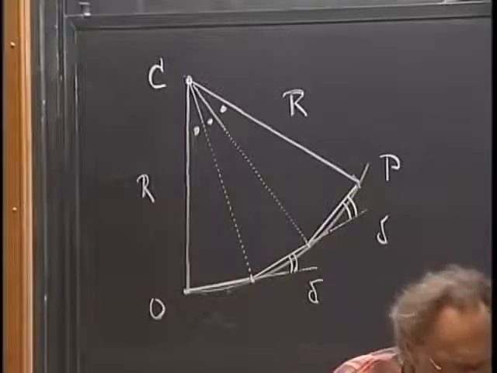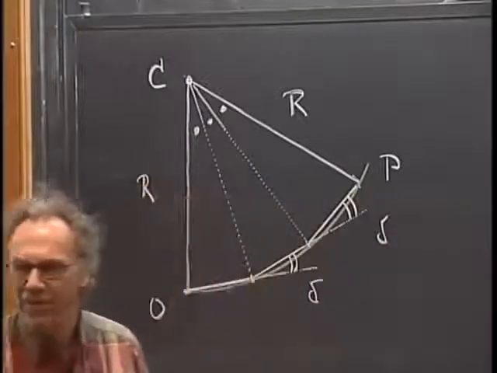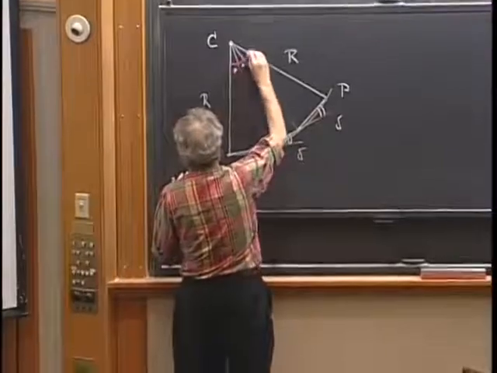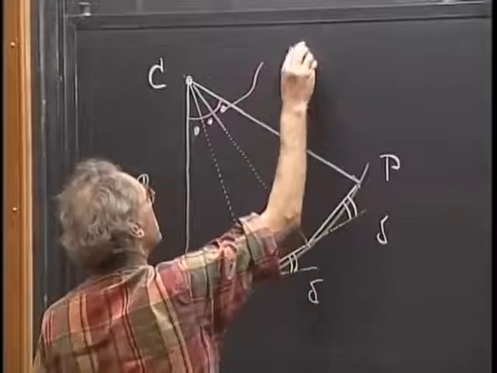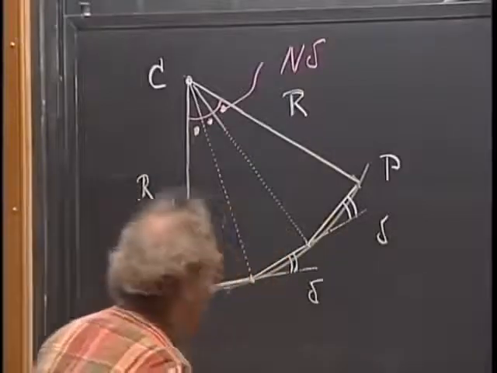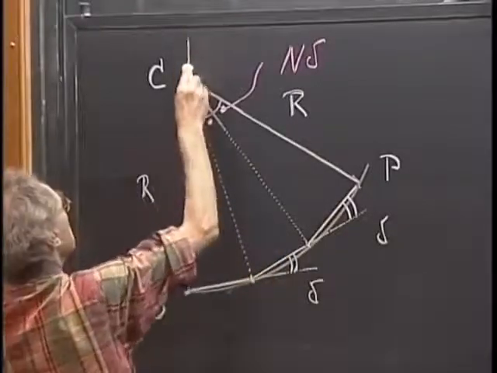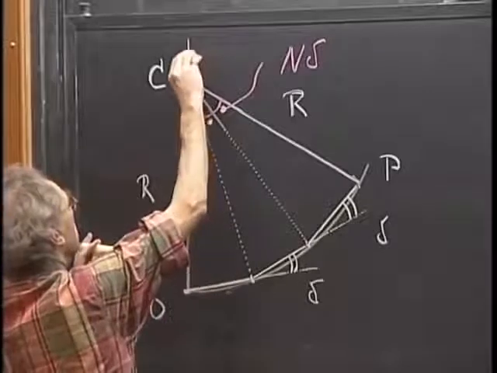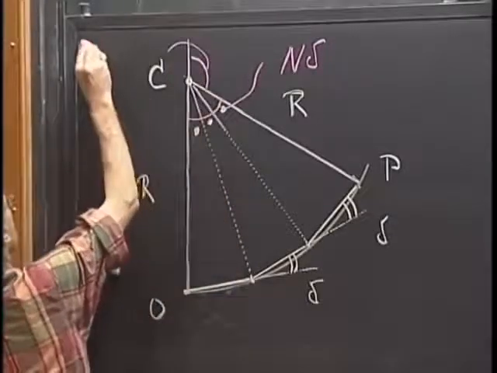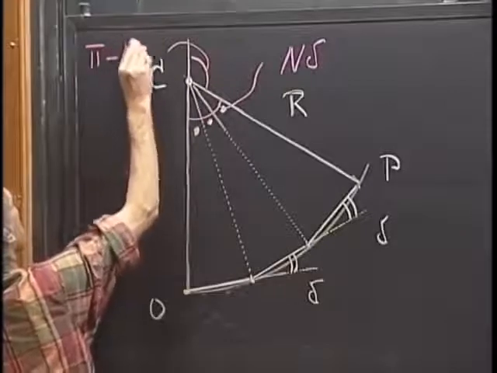So that means if I have capital N of these vectors, then this angle here is N times delta. And that means that this angle here is then pi minus N times delta.